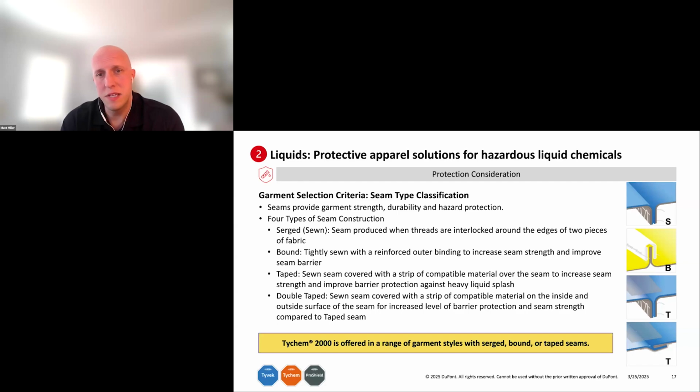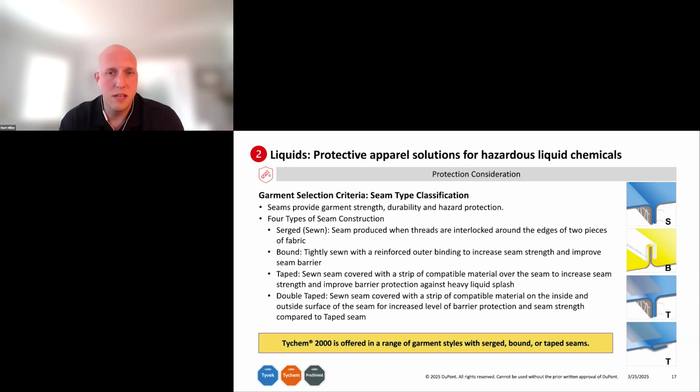So you've got two pieces of fabric put together, and they are sewn. So that's it. So again, you can kind of see based on a potential for an entryway, depending on your environment, you can see that a serged seam might not be the right seam classification to use for your garment. The next one is what's called a bound seam.